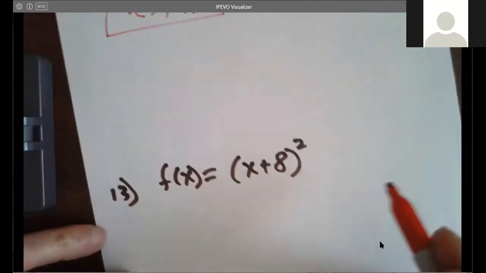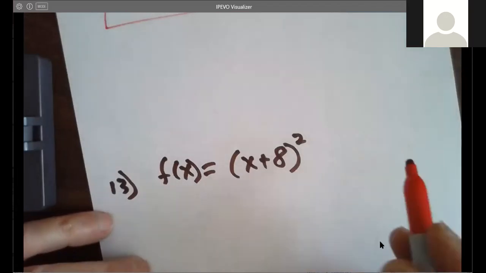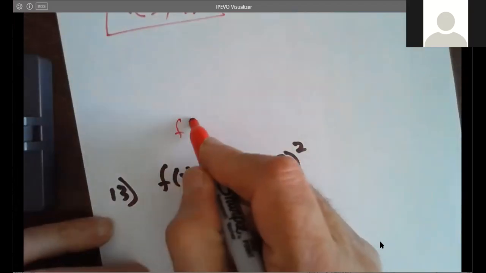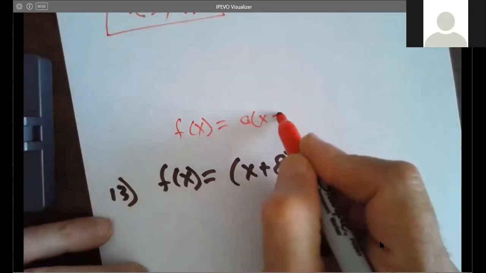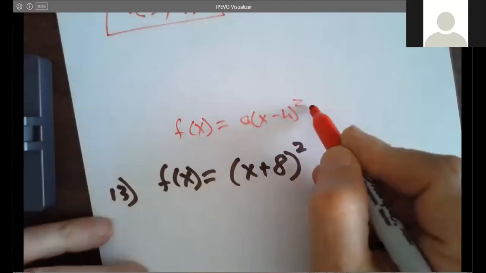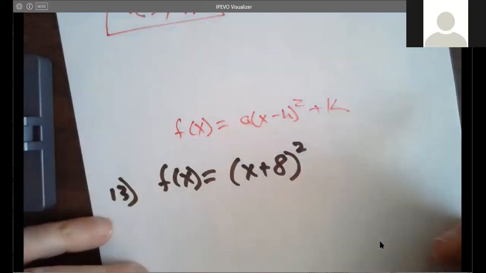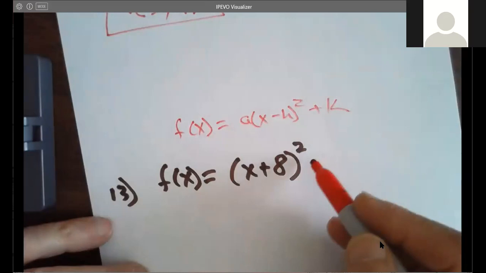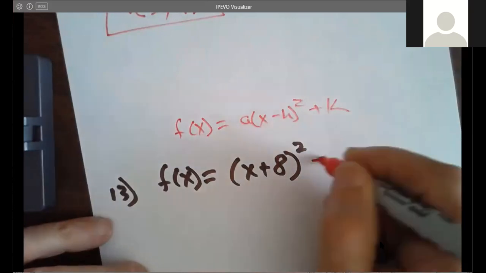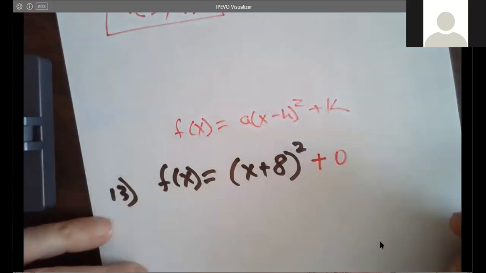All right, let's look at this next one. Well, again, we're using f of x equals a times (x minus h) squared plus k. Well, in this case, there's no plus or minus number out here, so we can put plus 0.